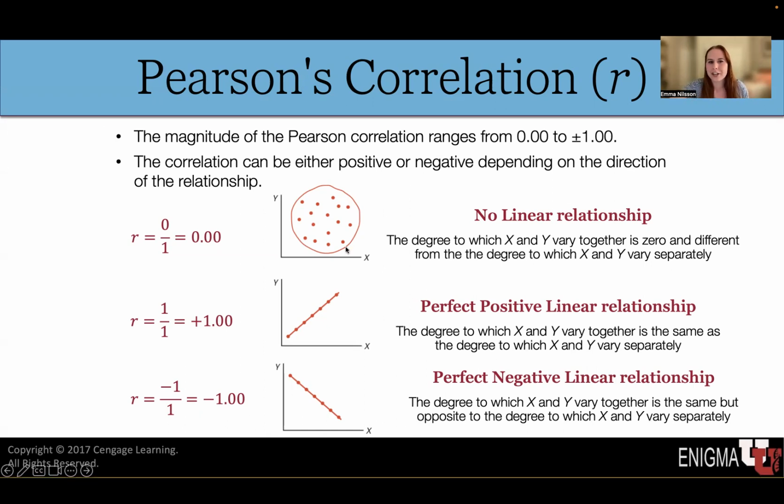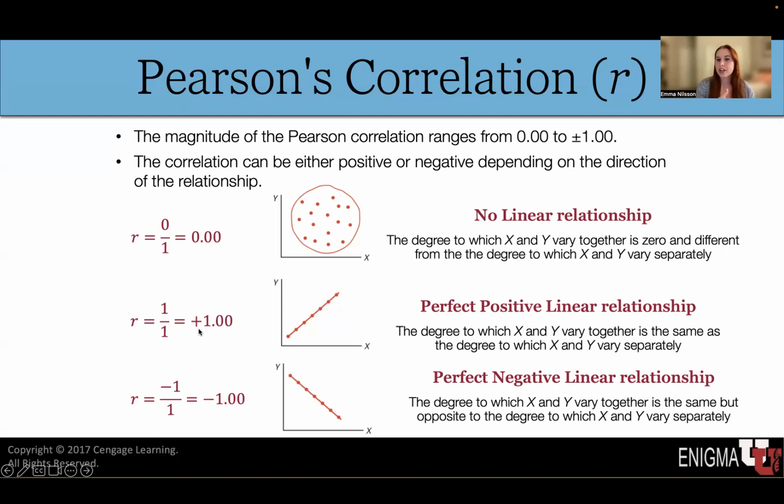Some examples of this are here. This obviously has no linear relationship. There's no pattern to the way that these points are forming, so Pearson's R is going to be 0. The degree to which X and Y vary together is 0 and different from the degree to which they vary separately. A perfect positive linear relationship is represented by positive 1.